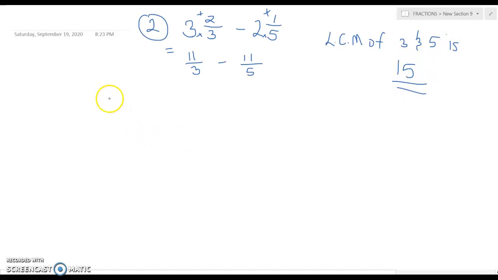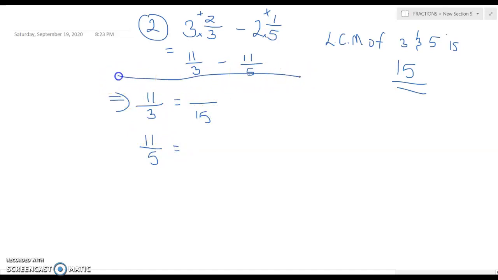So now let's make our two fractions with a common denominator of 15. So 3 times 5 gives 15, so I have 11 times 5, 55. And then 5 times 3 gives me 15, so 11 times 3 is 33.